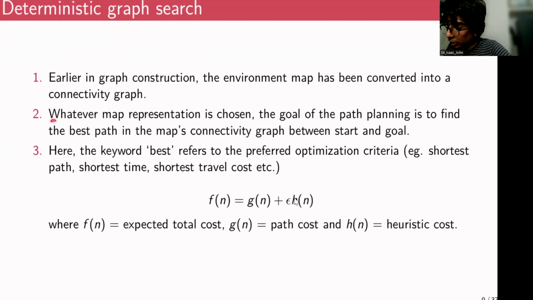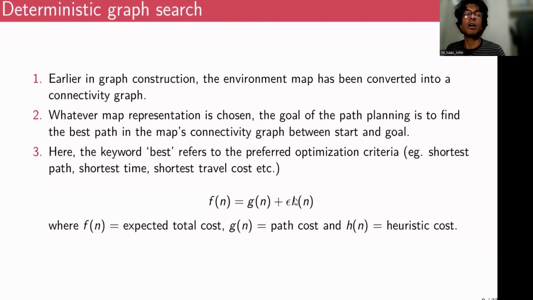Second point, whatever map representation is chosen, the goal of the path planning is to find the best path in the map's connectivity graph between the start and goal. Right. So whatever map representation is chosen, be it visibility graph, be it Voronoi, be it exact cell decomposition, be it approximate cell decomposition, the purpose of the graph search is to find the optimal path from all the other roadmaps or all the other connectivity graphs.